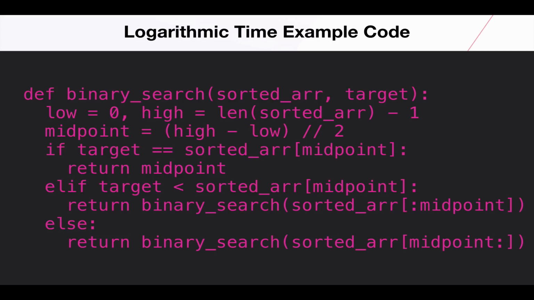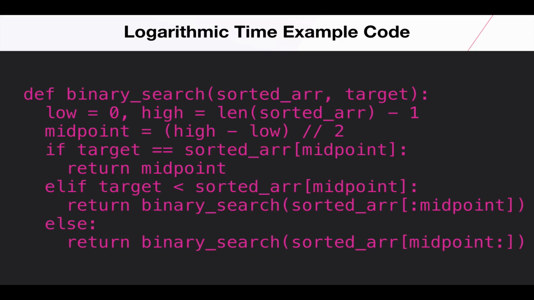So from that check, we know that if the element we're looking for exists in this sorted array, it's going to be on the left side, where the elements smaller than the midpoint are. Conversely, the same is true if the target ends up being larger than the element at the midpoint: we just need to look at the right side of the sorted array.